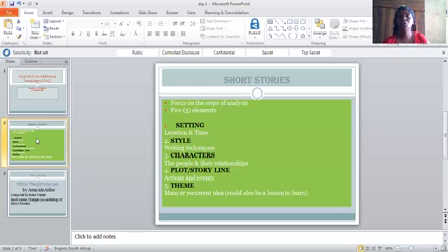Now we are going to have the plot and storyline. The plot and storyline is the action and events taking place in that short story. And then again we have the theme, the main or recurrent idea in that short story.